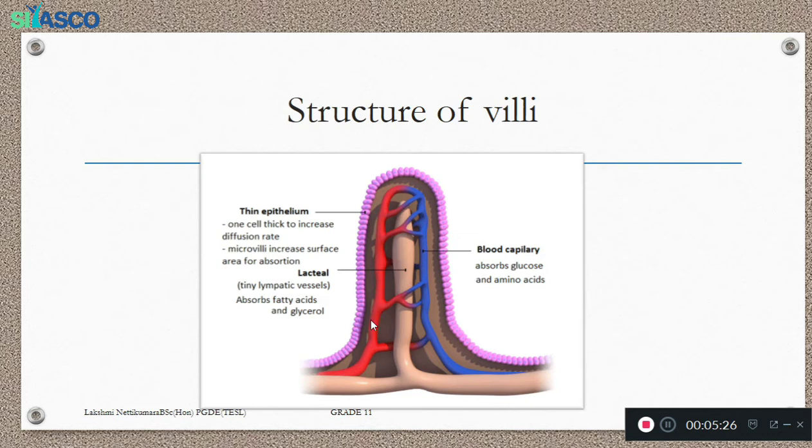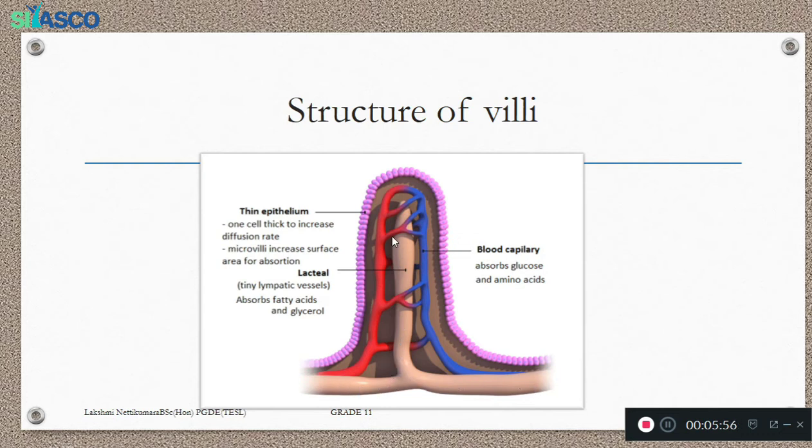And you can see this is covered with blood capillaries. Because of this highly vascularized nature, the absorption of glucose and amino acid increases. They are inside the villi. You can see another vessel, a tiny lymphatic vessel.